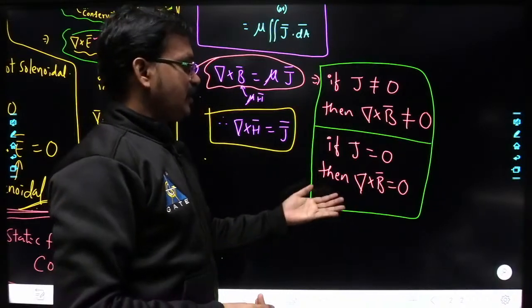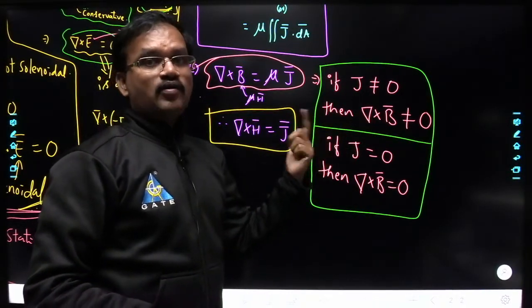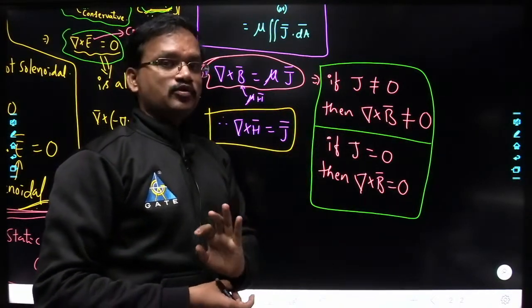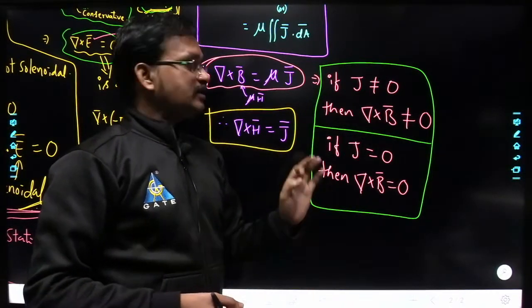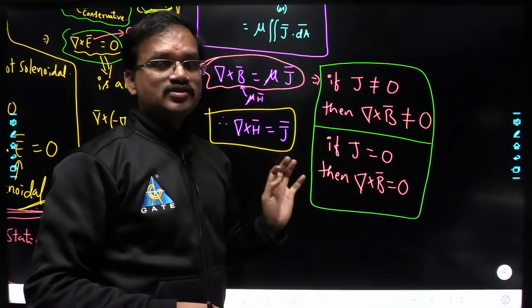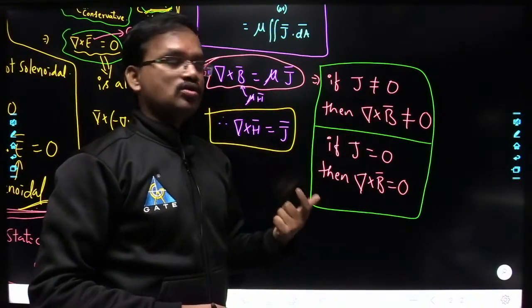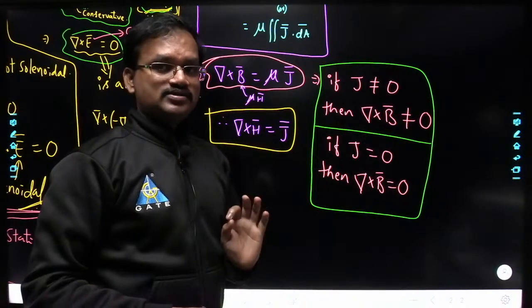So whether the B field is conservative or not depends upon the current density. If they have given current density not equal to 0, then the B field is not conservative. If the current density is equal to 0, then the B field will become conservative.